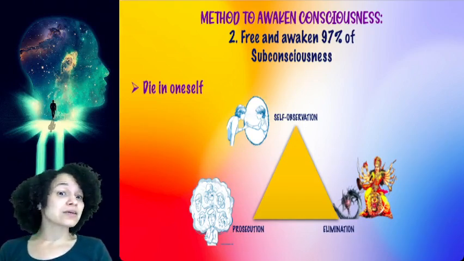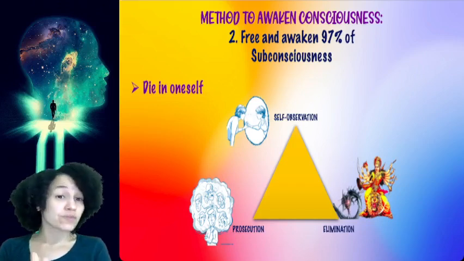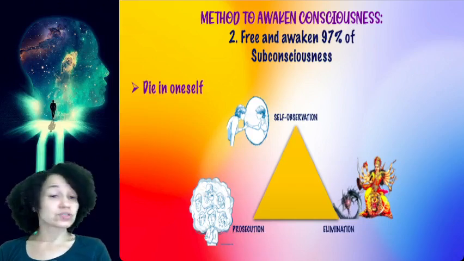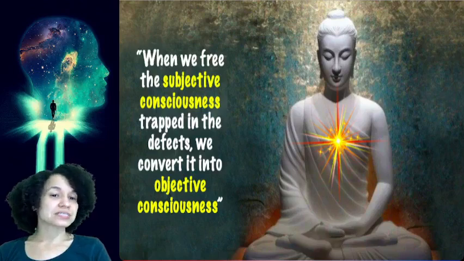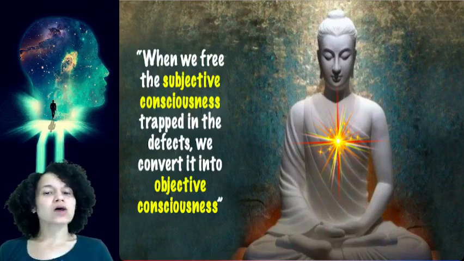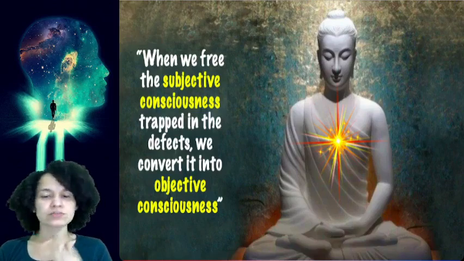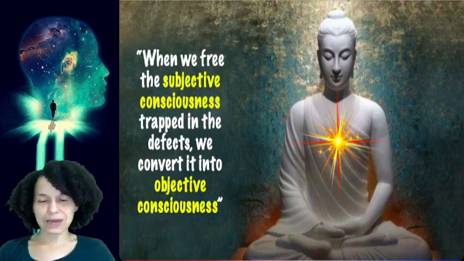And that is the purpose of this course. That is the purpose of this information, that you start doing this work and get to know yourself, and that the 3% of consciousness gradually increases until it becomes 100% objective consciousness, 100% awakened consciousness. That is the purpose, okay?